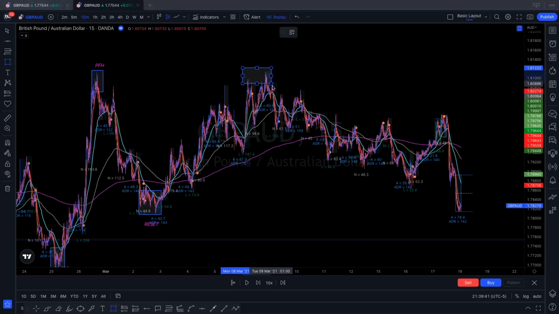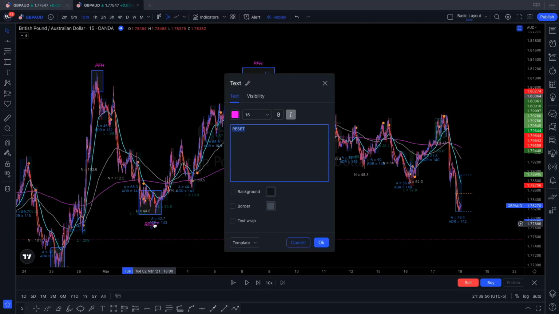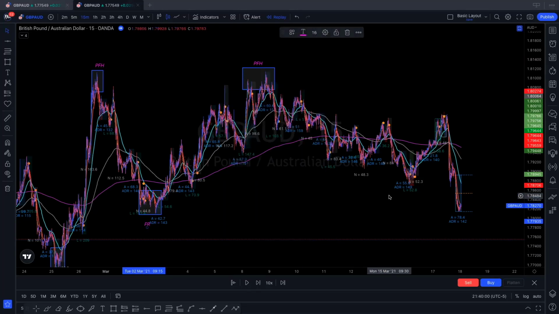That means that this right here would be what? It should be our new peak formation high. But what does that make that? A failed peak reset. Right. Failed reset. Okay.